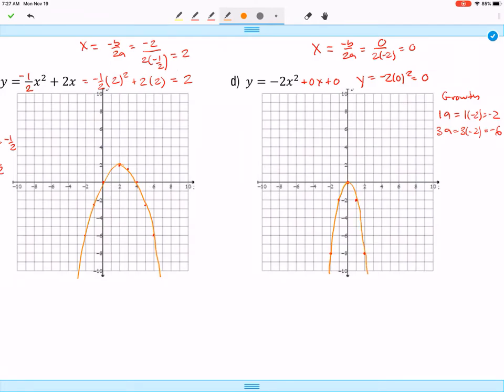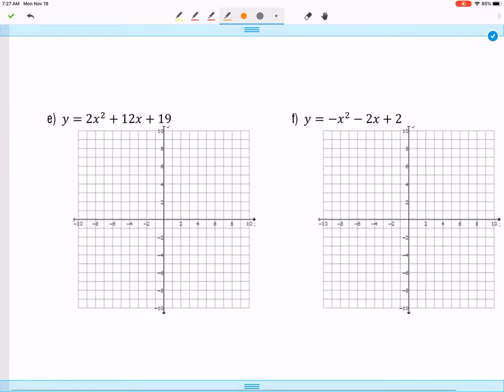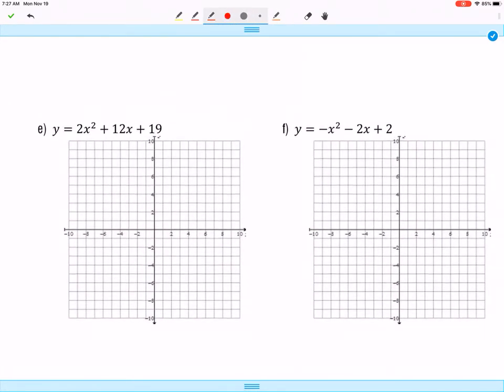Okay, we'll go to E. Do the exact same thing. We're going to do our vertex. So we'll do x equals negative b over 2a. We plug that in, we get a negative 12 over 2 times 2, and that gives us a negative 3. We plug that into our function, y equals 2x squared plus 12x plus 19.